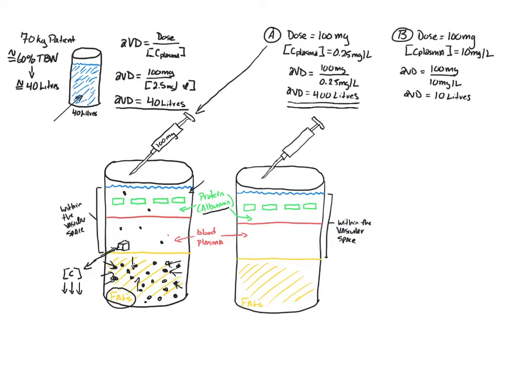So let's now look at situation B here. Let's say that I give a dose of 100 milligrams of drug B, and then I measure the plasma concentration, and it's 10 milligrams per liter. All right, so I go 100 milligrams divided by 10 milligrams per liter, and that gives me an apparent volume of distribution of 10 liters, right?